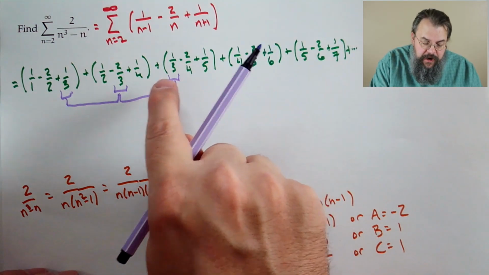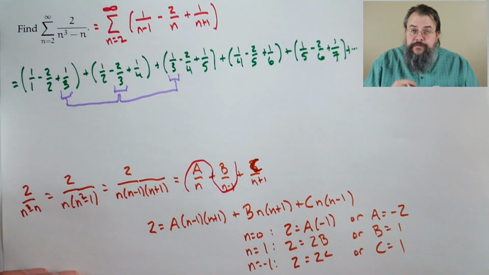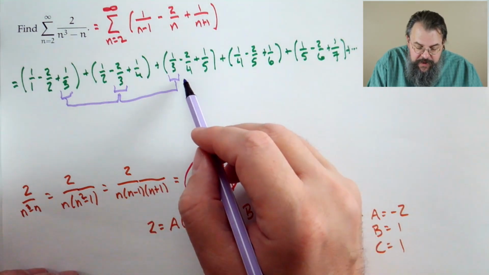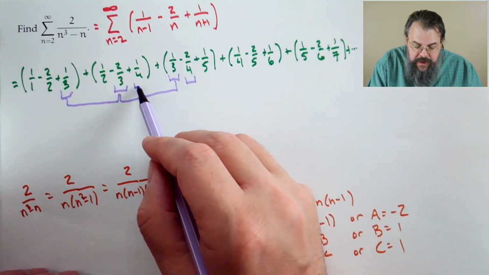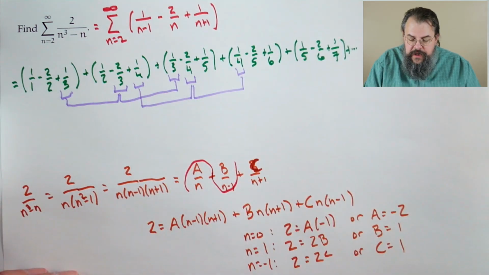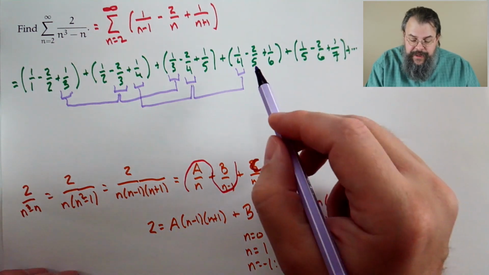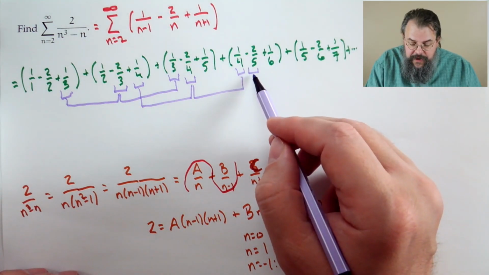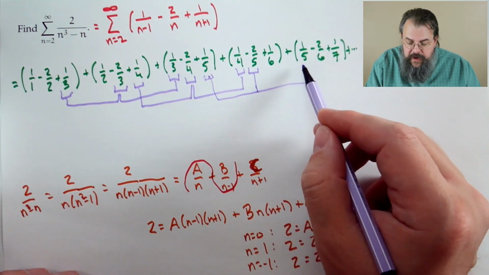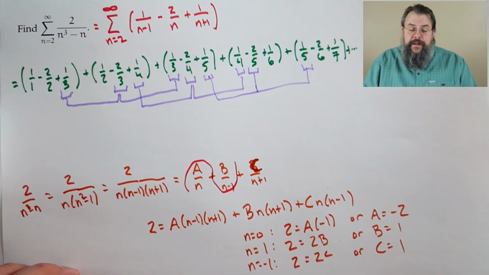So if we put them all together, we'll get 0. Okay, well, how about this minus 2 over 4? Well, I can combine it with the previous 1 over 4 and the next 1 over 4. They'll all cancel. The 2 over 5, well, okay, I can combine it with the previous 1 over 5 and the next 1 over 5, and they'll all cancel.